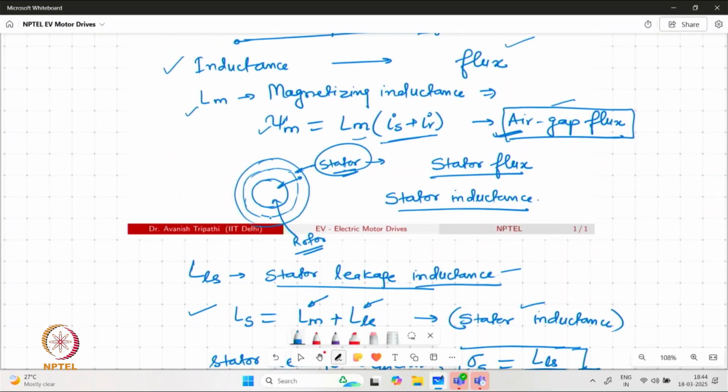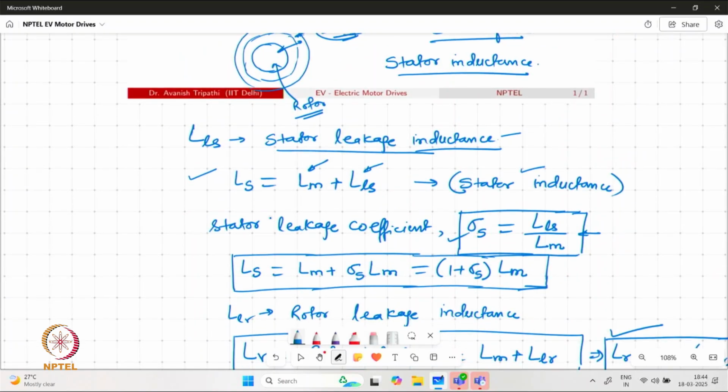Now going ahead, it is suggested that the total stator inductance can be written as sum of the leakage and magnetizing inductance. And at this point we have defined a term which is called as stator leakage coefficient, and this is ratio of the stator leakage inductance and magnetizing inductance.